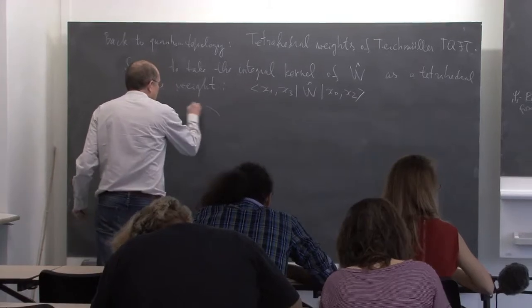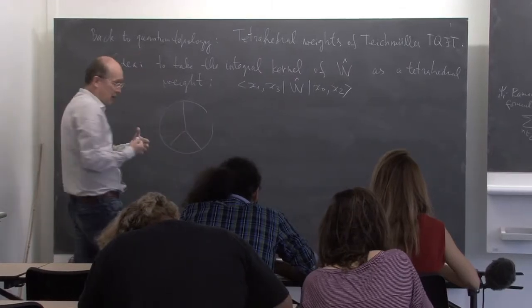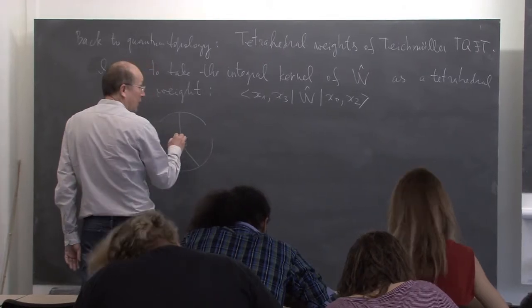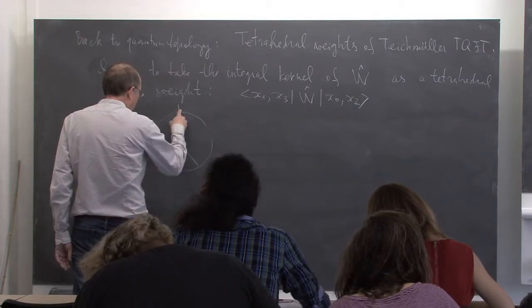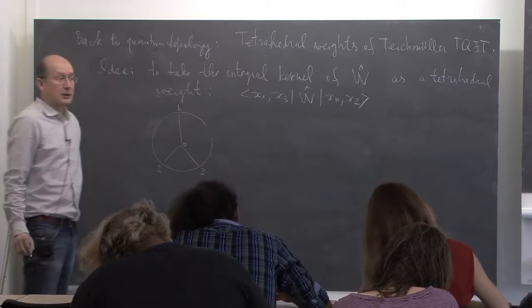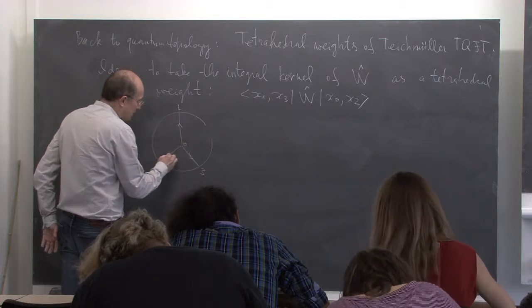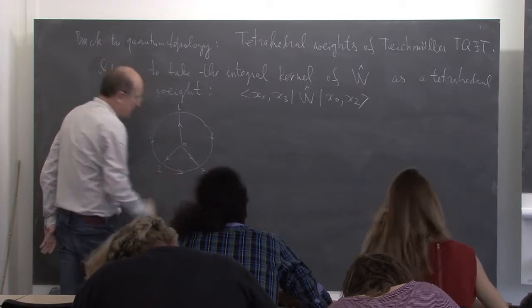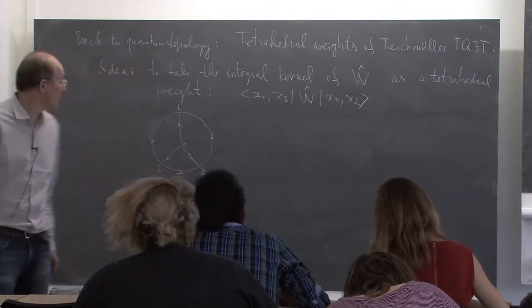How we are going to interpret it is the following. We draw a tetrahedron, and we order the vertices by integers from 0 up to 3: 0, 1, 2, 3. We put orientations on the edges: from a smaller index to a bigger index, we put an arrow.